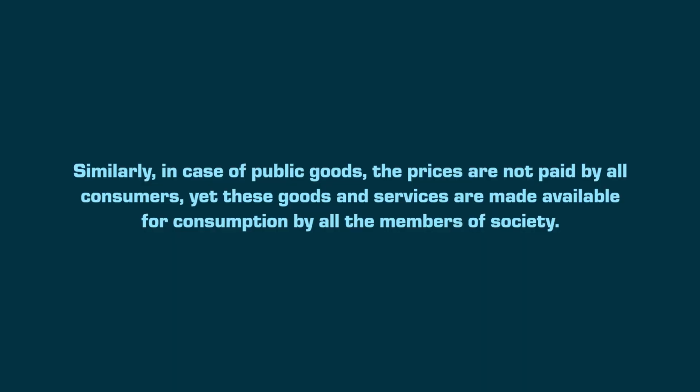Similarly, in case of public goods, the prices are not paid by all consumers, yet these goods and services are made available for consumption by all the members of the society.